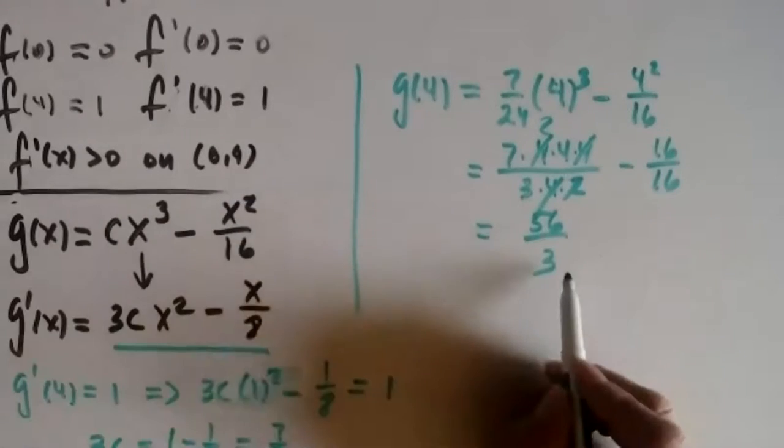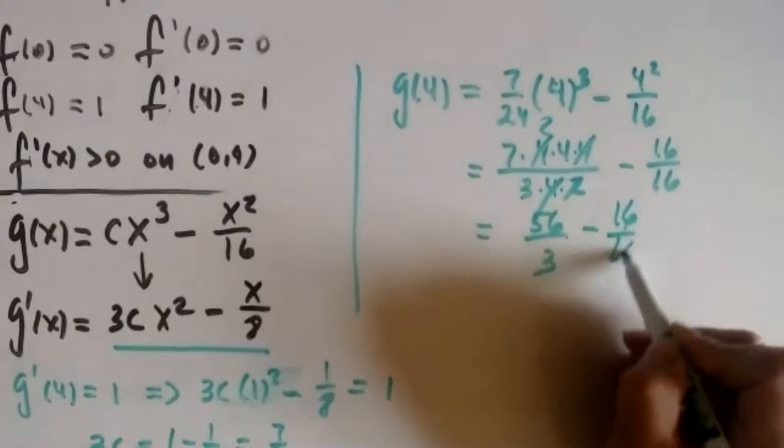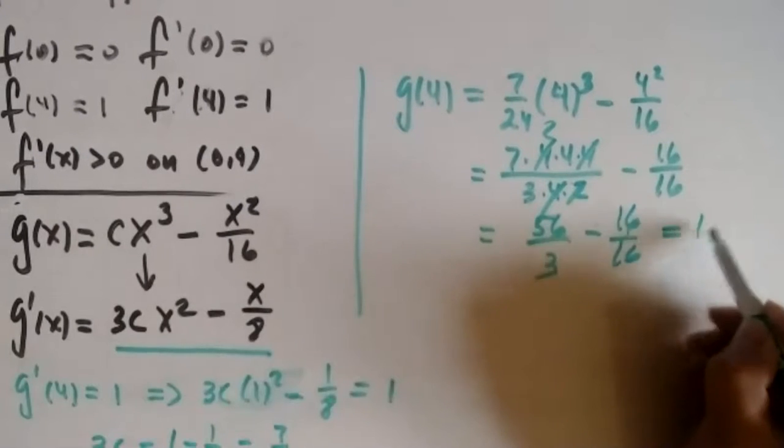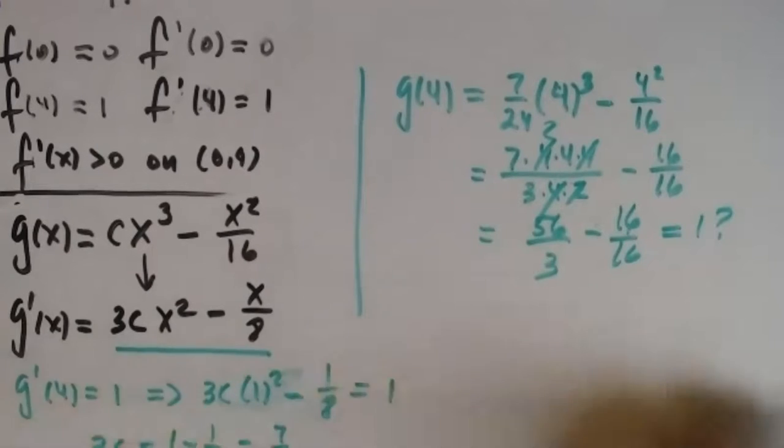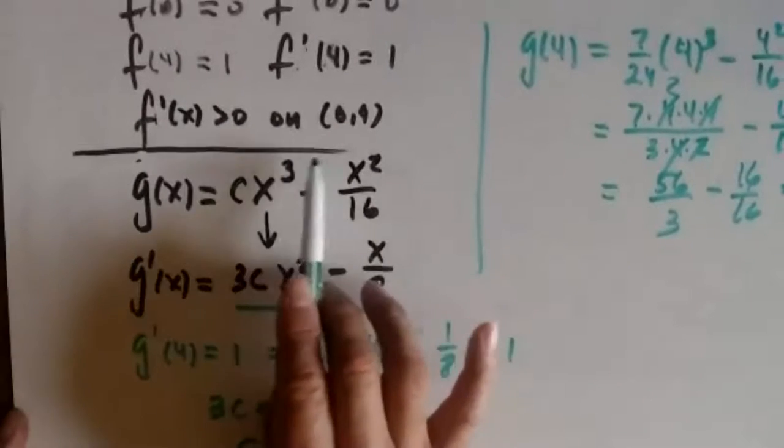That's the point. Minus 16 over 16. And I don't see this equals 1. Well, I don't know. But the condition is this one.